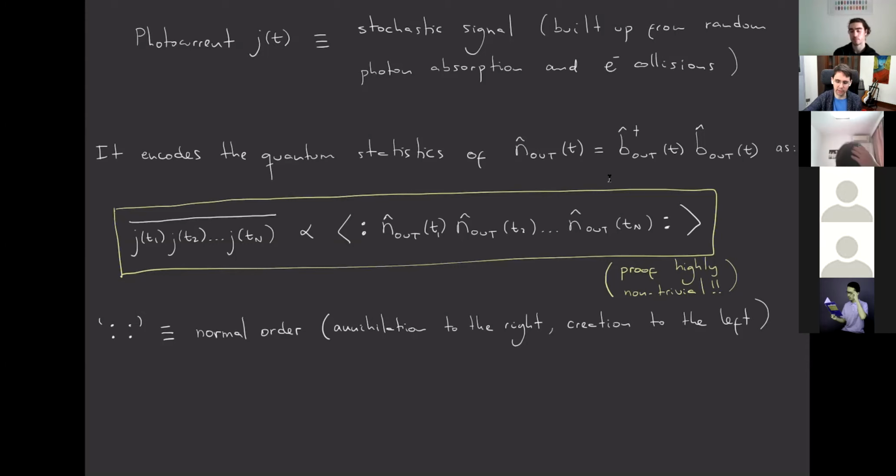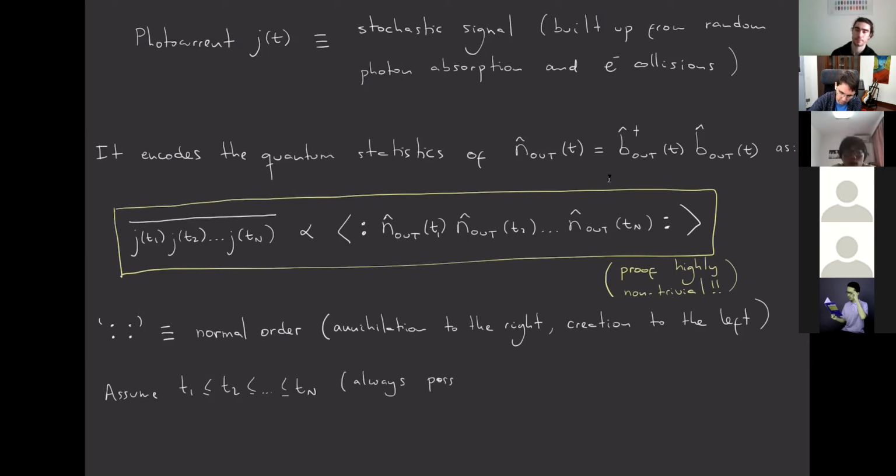And just to give you one example of this normal order, we will always assume also that t1 is smaller than t2, which is smaller than tn, okay? And this is always possible. I am not making any crazy approximation or assumption in here.